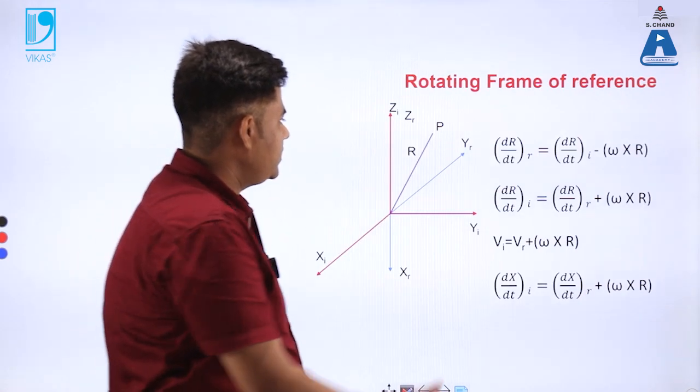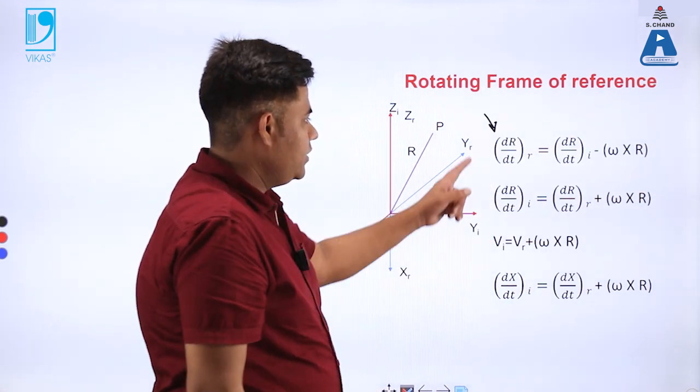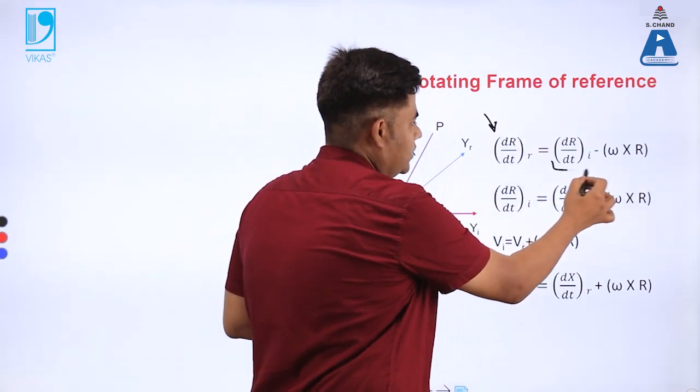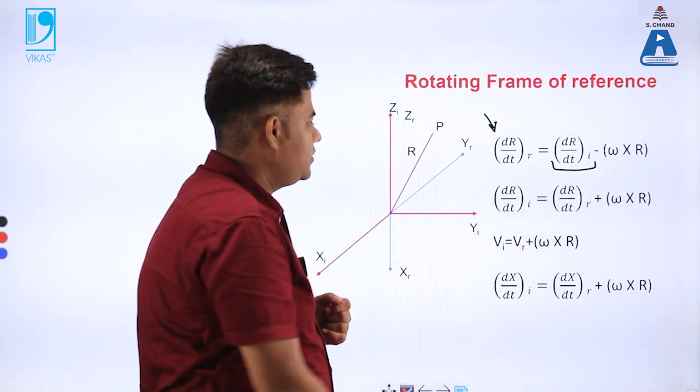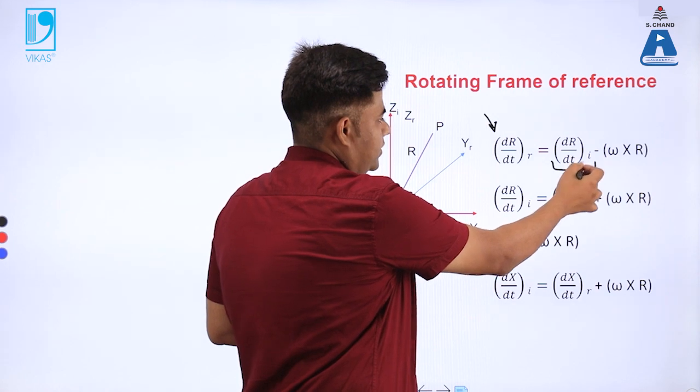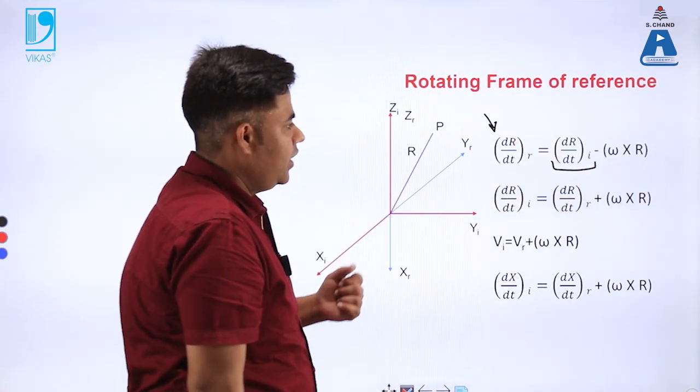From this expression, if we want to find the value for the inertial frame of reference, this remains here and omega multiplied by r goes to the other side of the expression.